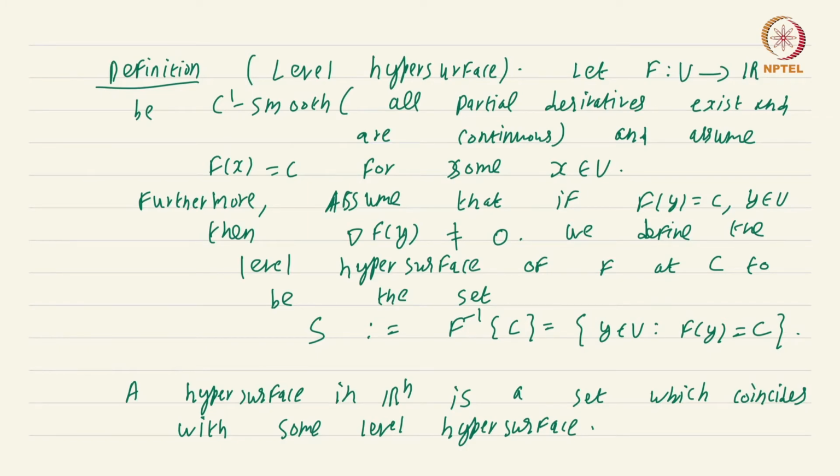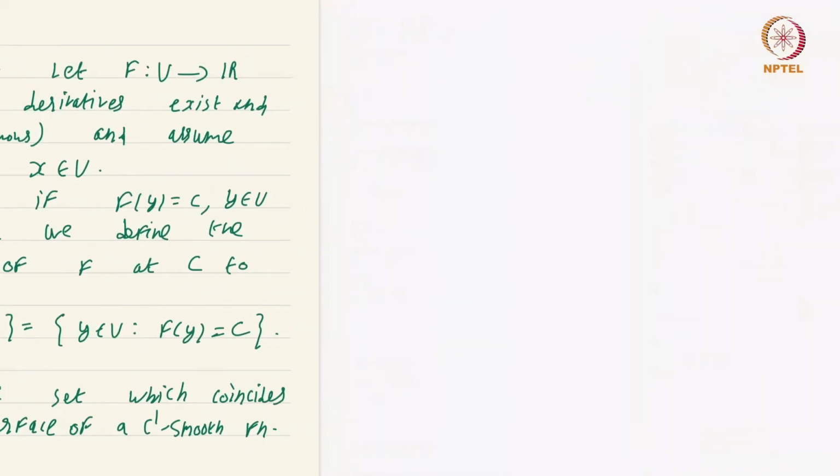So some level surface of a C1 smooth function. This definition might seem a bit complicated, so it's good to see at least one example. We will see many more in the future when we study manifolds. Let's just see one example to get an idea of what is going on.